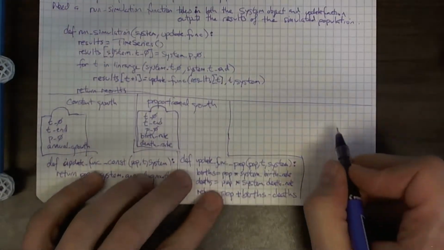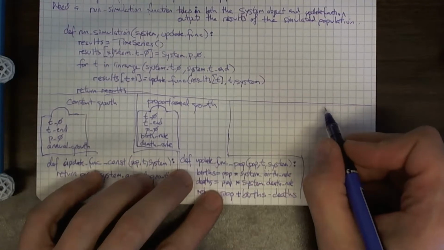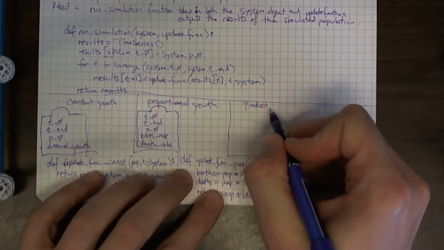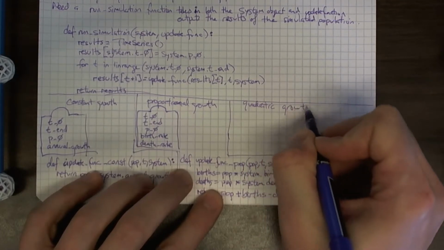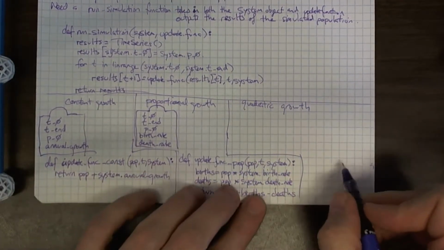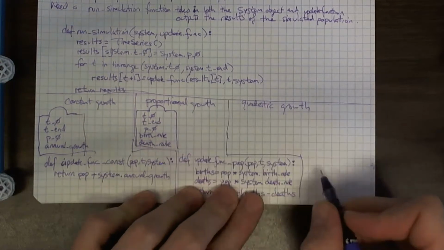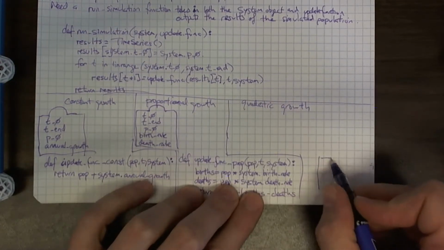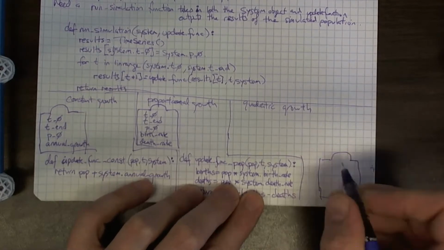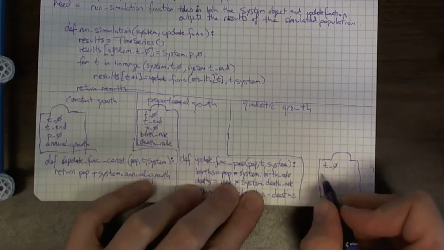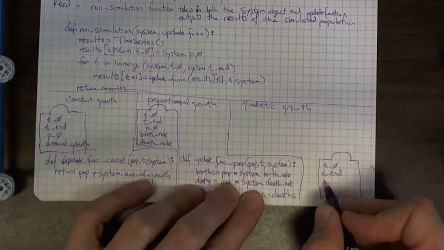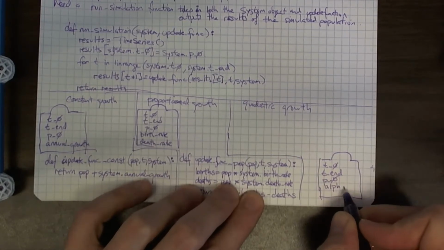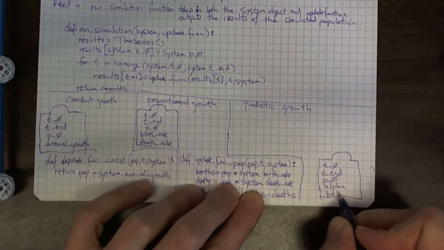All right, and now let's talk about the last one, which is the quadratic growth. For that one, I'm going to switch this up a little bit just to fit it on the paper. We need our t0, our t_end, our p0, and then we need our two different variables, alpha and beta.